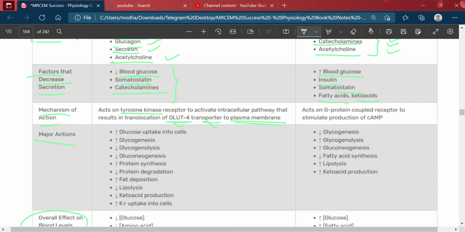Glucagon acts on the G protein coupled receptor, which stimulates the production of cAMP.